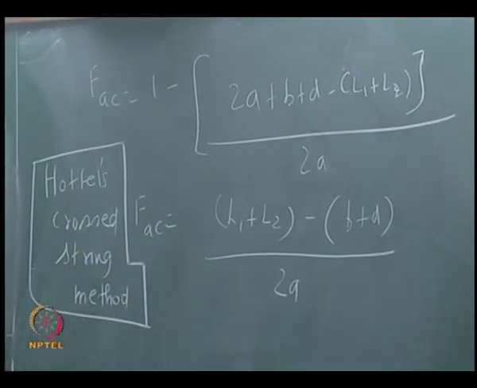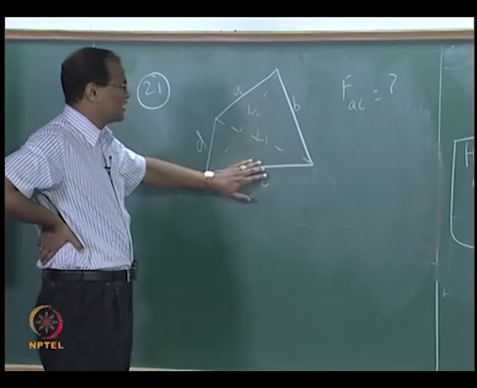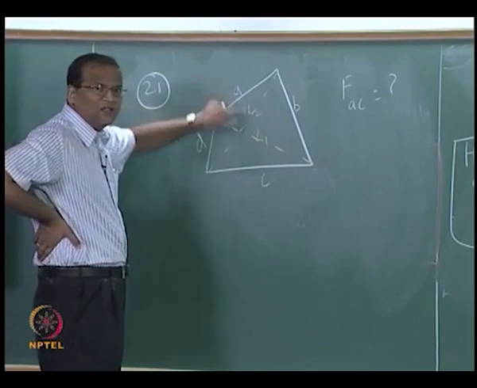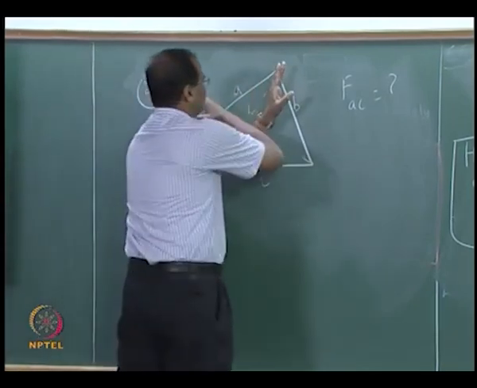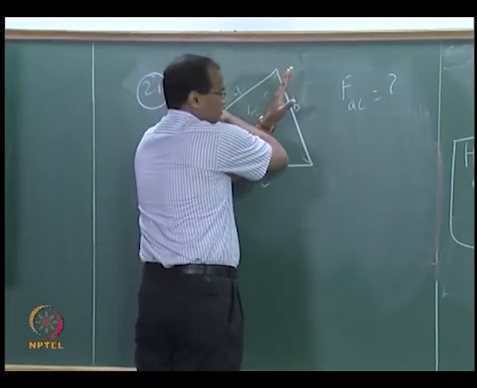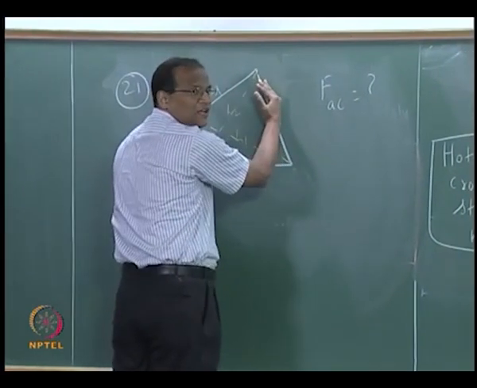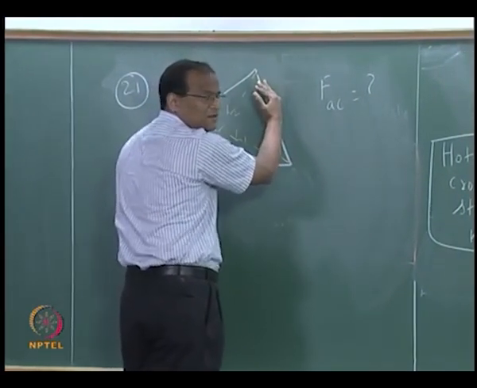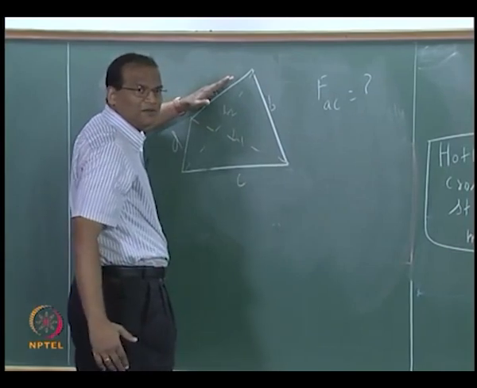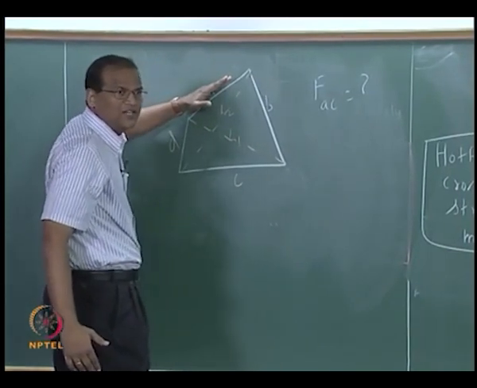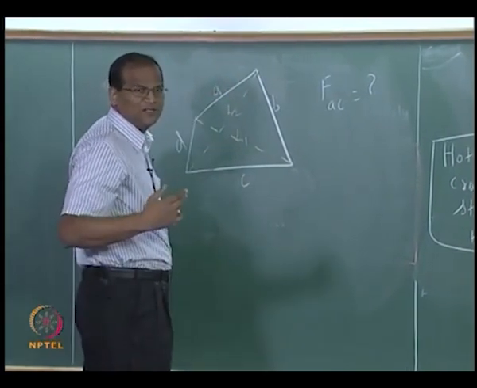So look at this: in a quadrilateral enclosure, if you have two surfaces like this, the view factor between the two surfaces is equal to the sum of the crossed strings, that is L1 plus L2, minus the sum of the uncrossed strings, divided by 2 times the line segment. That is why it is called Hottel's crossed string. The string need not be there, it is an imaginary string, okay.